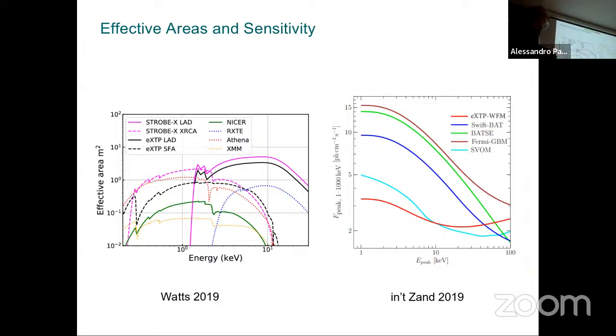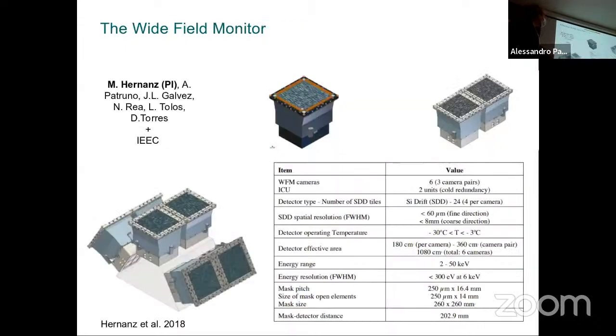And another advantage that this instrument has is that it has a relatively large collective area. So this is the detector. The single detector is basically a coded mask detector.